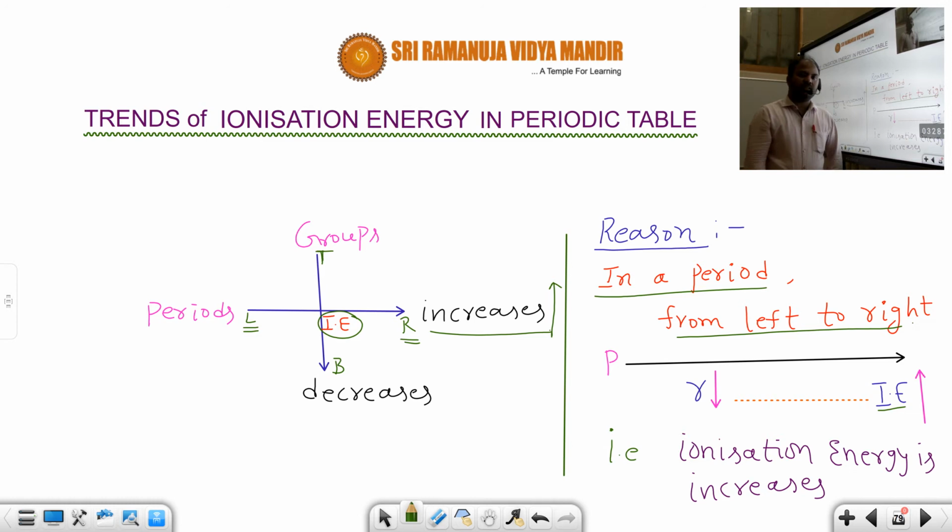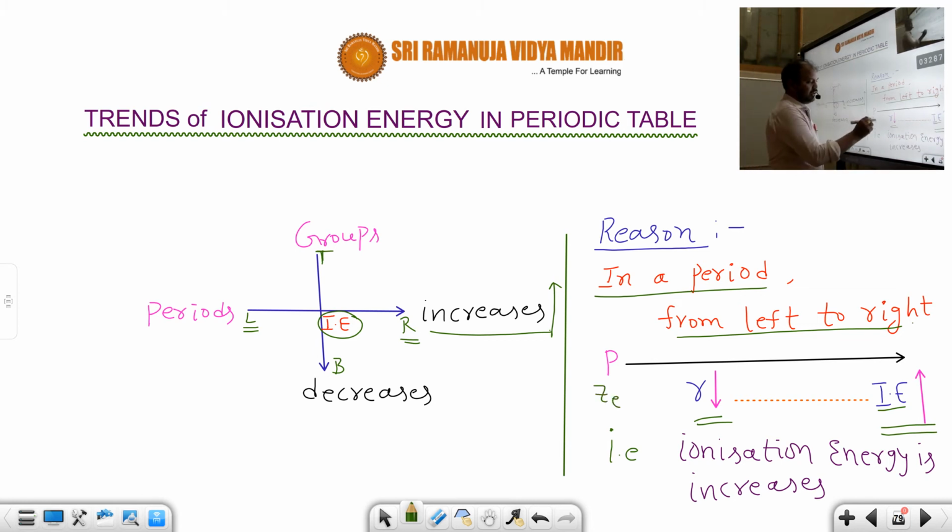Whenever atomic number increases, the number of protons inside the nucleus increases, so effective nuclear charge increases. As effective nuclear charge increases, atomic radius decreases. We know that atomic radius is inversely proportional to ionization energy, that's why ionization energy increases.